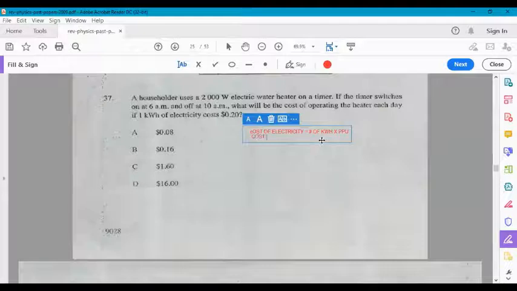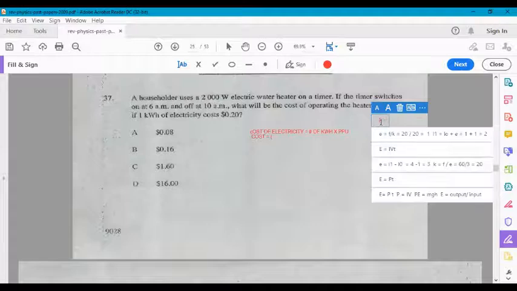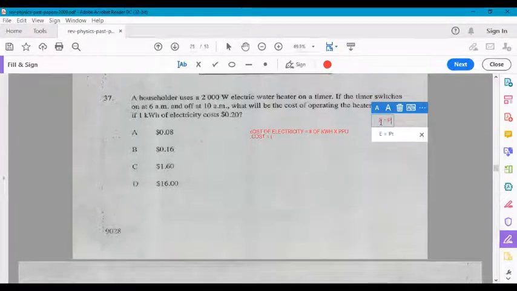Okay? To calculate the number of kilowatt hours, what we're actually doing is calculating the energy. Recall that energy is equal to power multiplied by time. And in this case, the power must be in kilowatts and the time must be in hours.